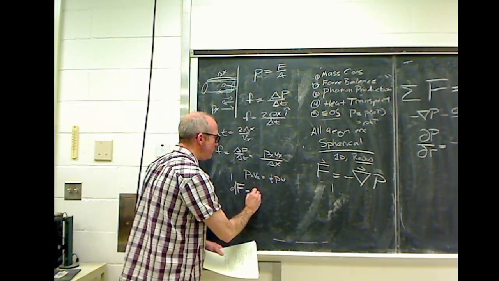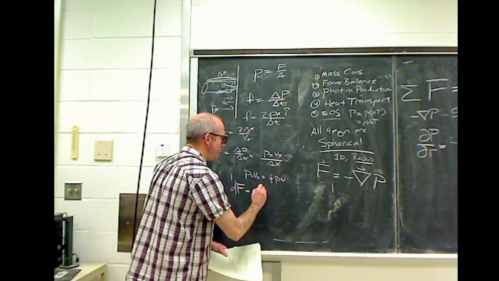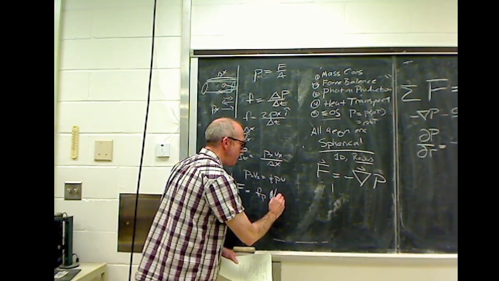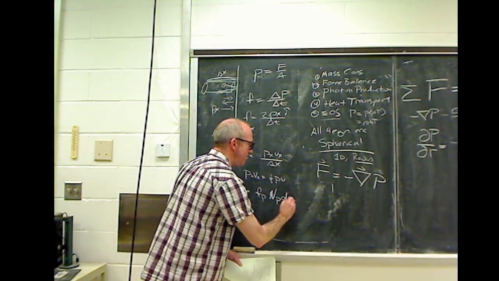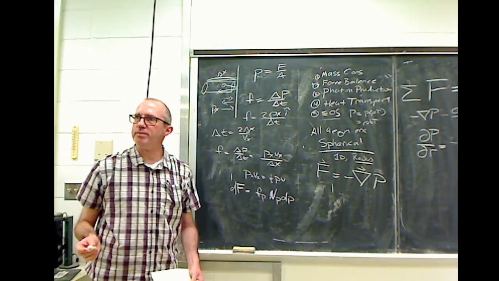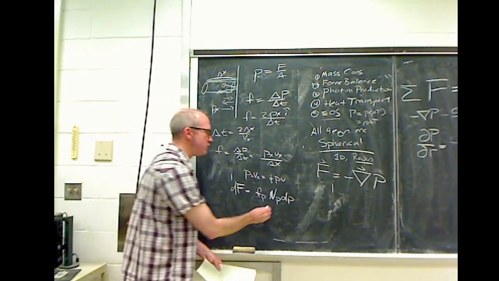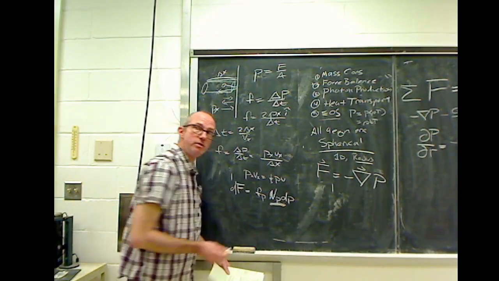Now the total force is going to be the force for a particular momentum times the number of atoms I have in that momentum bit. Everybody good with that? So here's my momentum distribution.